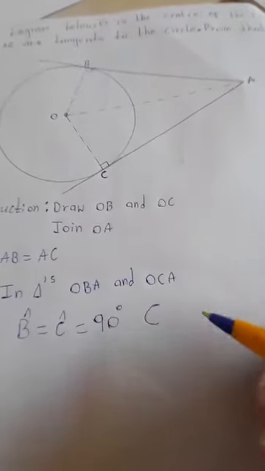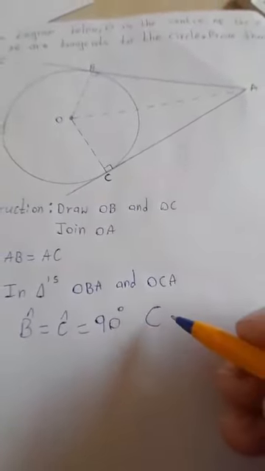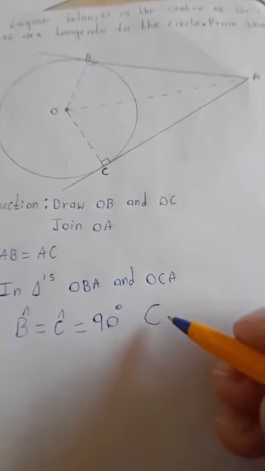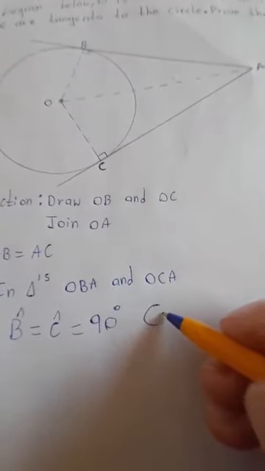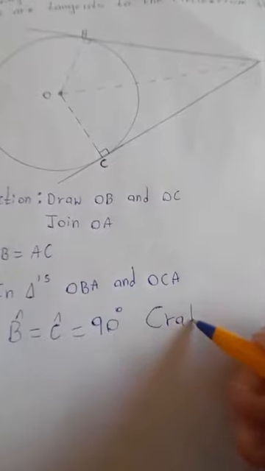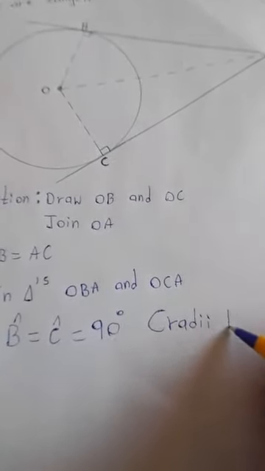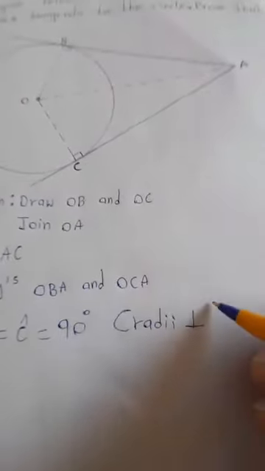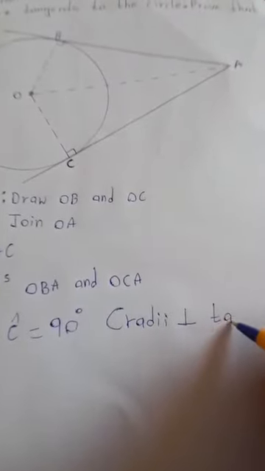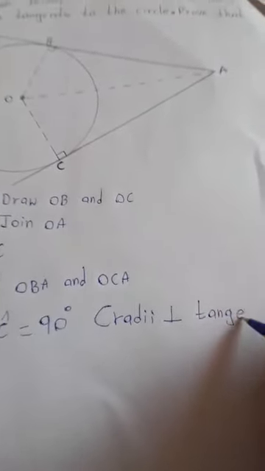Of course, there must be a reason. What is the reason? Radii bisect tangent. This should be your reason.